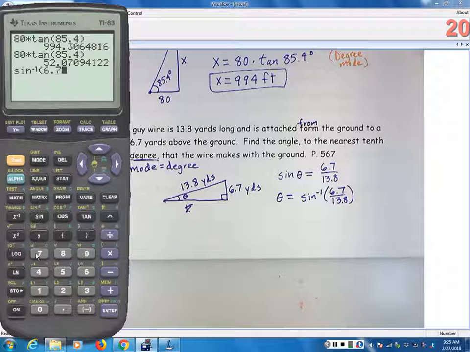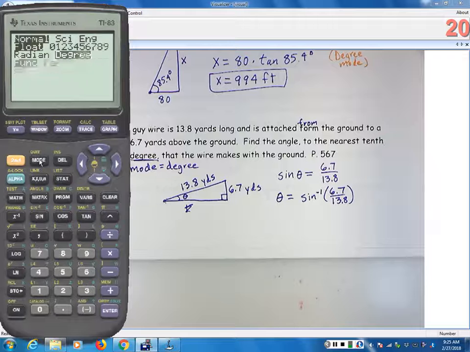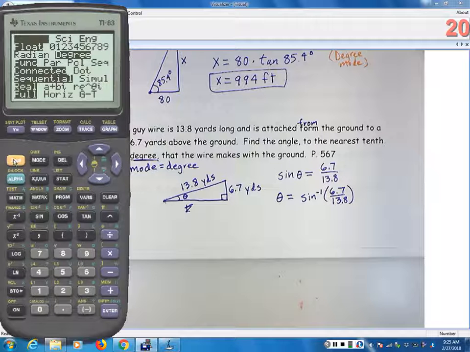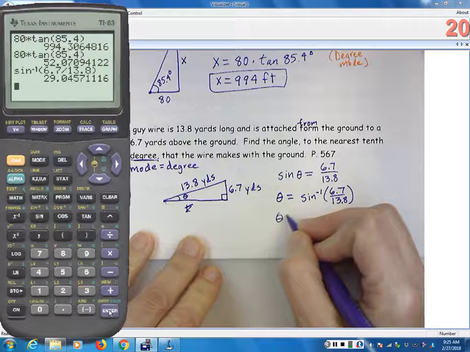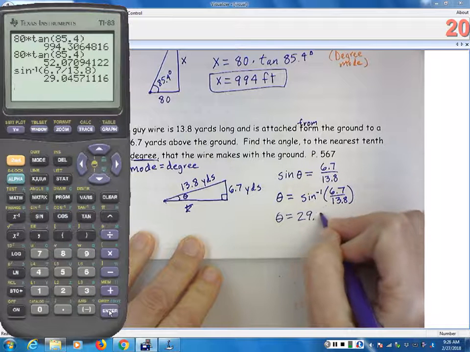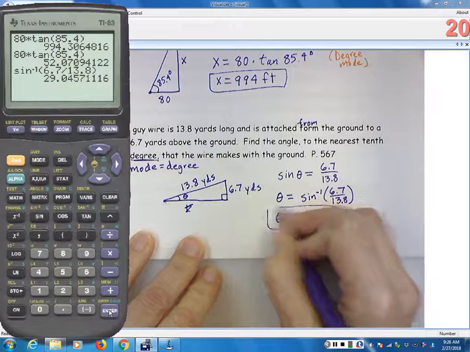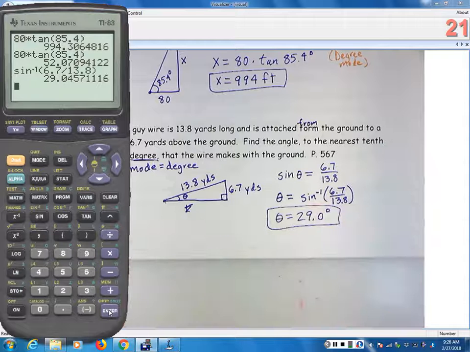I think I switched it back to degrees, yeah. And to the nearest tenth of a degree, that's 29.0. There's our angle.